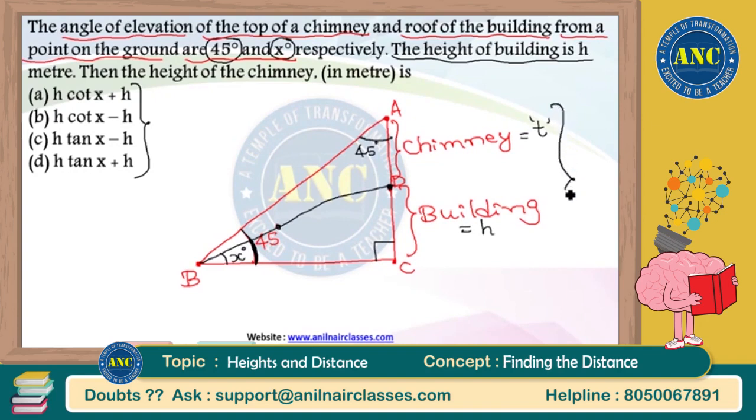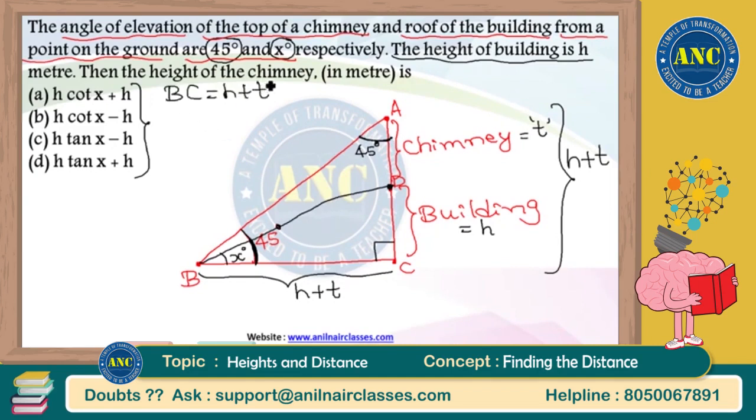The total height AC is nothing but h plus t. That same side h plus t should be opposite to this angle 45. That means BC value is also h plus t.